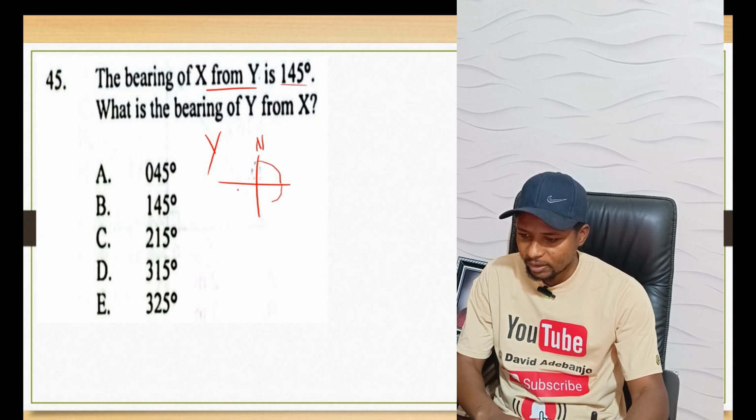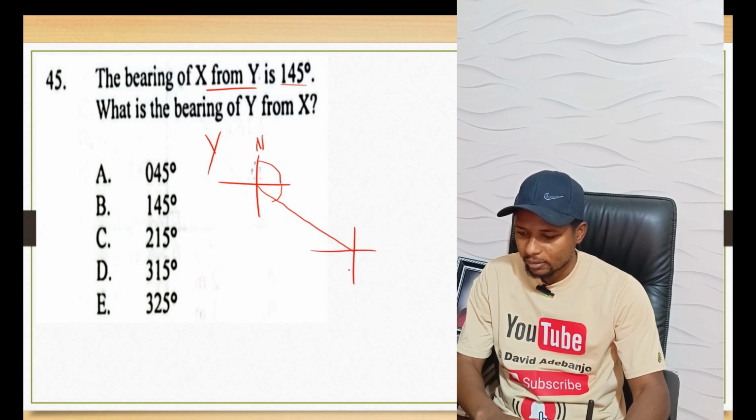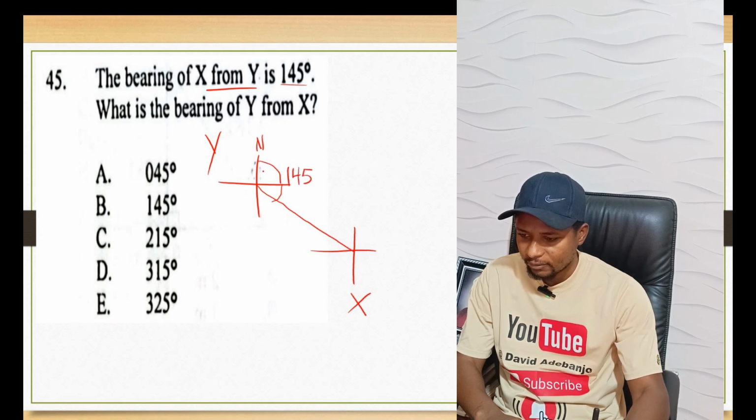So 145 will be in this quadrant. So you draw from the reference point and extend it down. So wherever you're going here, the 4 cardinal points you're drawing now is your x. So the whole of this is 145, which is a combination of 90 and 55. So here is 55.